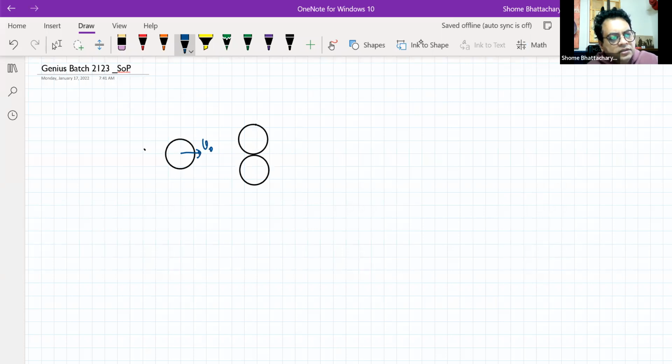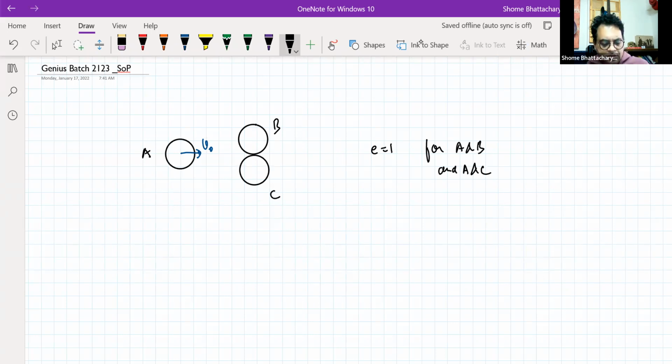This sphere was coming at a speed v naught, and these two were at rest, identical spheres. We wanted the situation where the coefficient of restitution is 1 for A and B as well as A and C's impact. So we wanted to find the final velocities. Let's begin with this part.